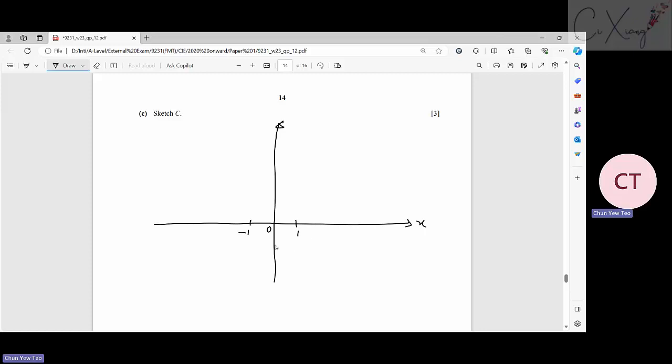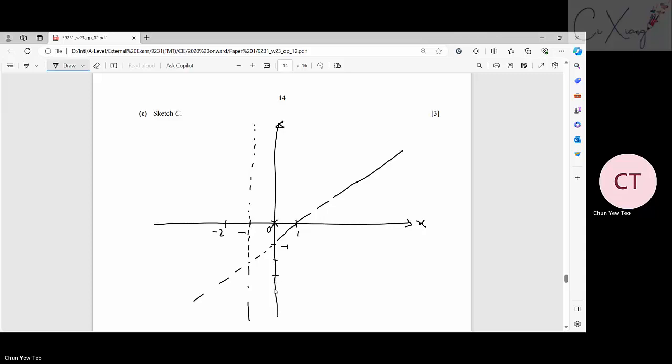Okay, then I have -1. This is my oblique asymptote. This is my vertical asymptote. So the graph will pass through (0, 0), and the graph will pass through (-2, -4).